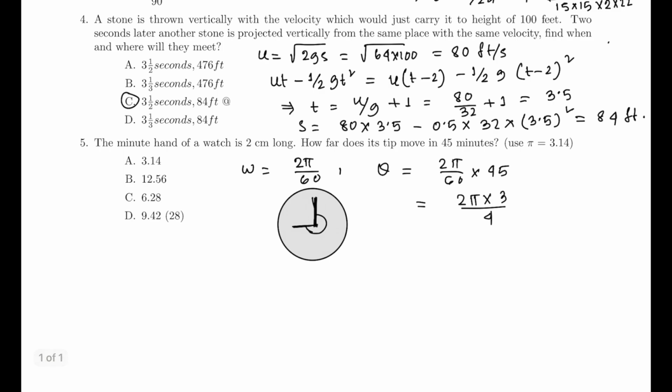So the length it travels is this distance, which is basically theta times the length of the minute hand, so theta times r, so this is 3 pi by 2 into 2, that is 9.42 centimeters. Okay, option D.